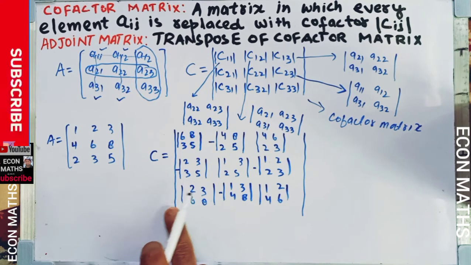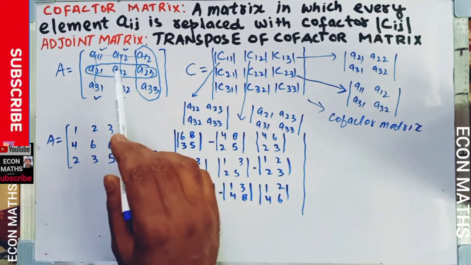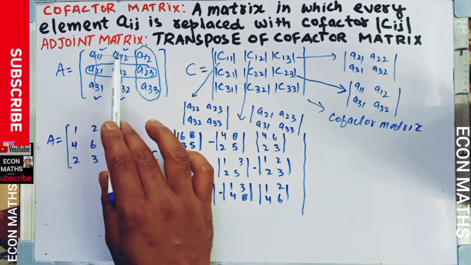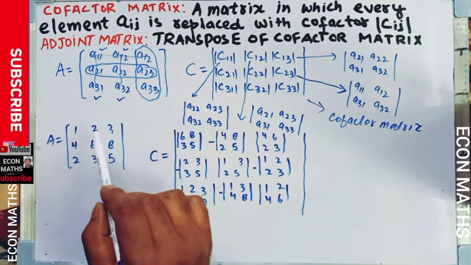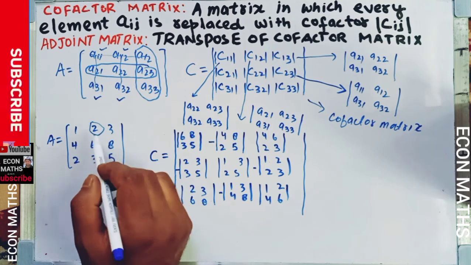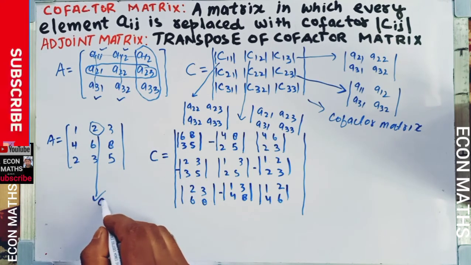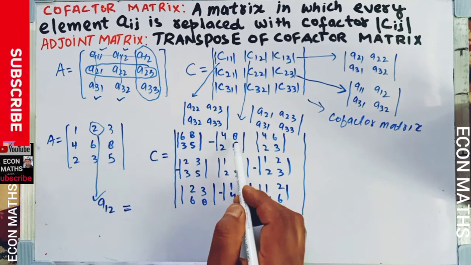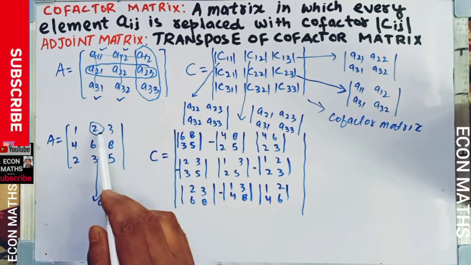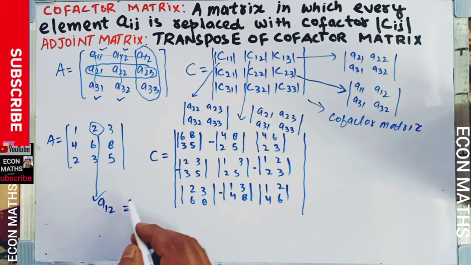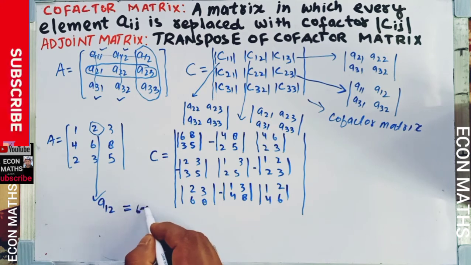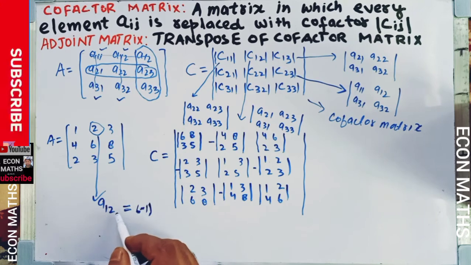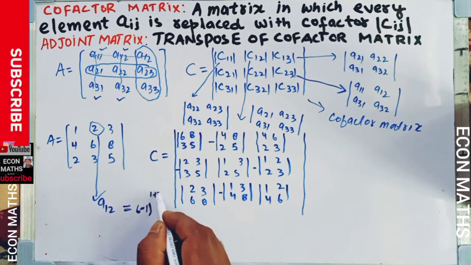Because we see here, if this element, this 2, is at position A12, the sign of this cofactor, that is the second cofactor, is equal to minus 1 raised to the power of the subscripts, that is 1 plus 2.